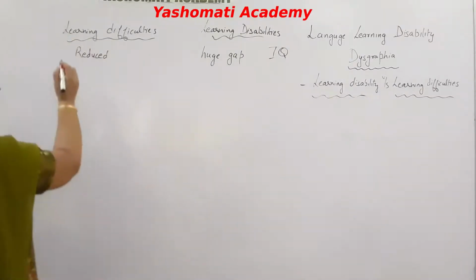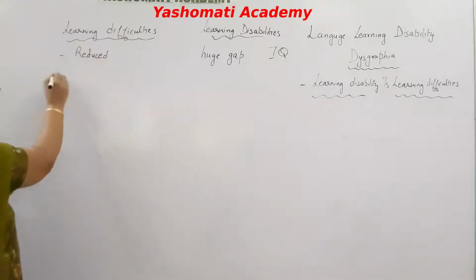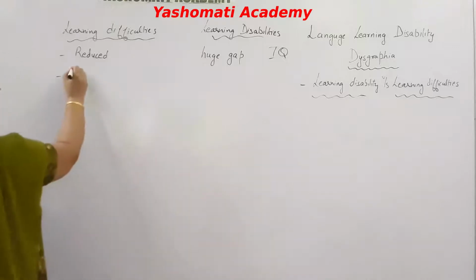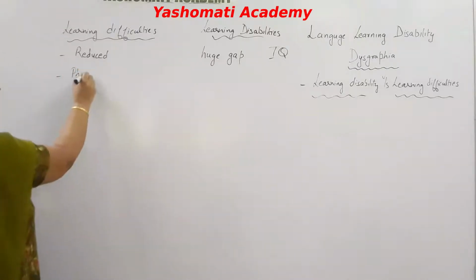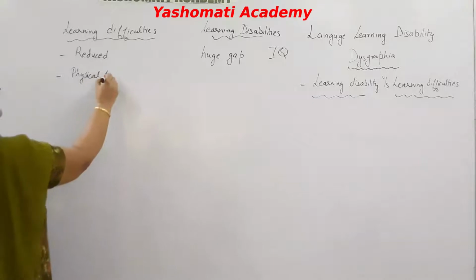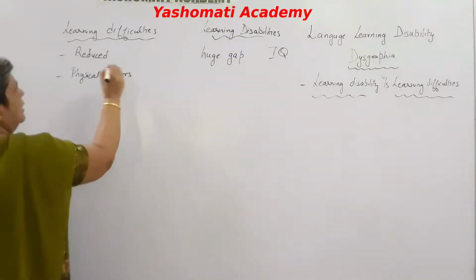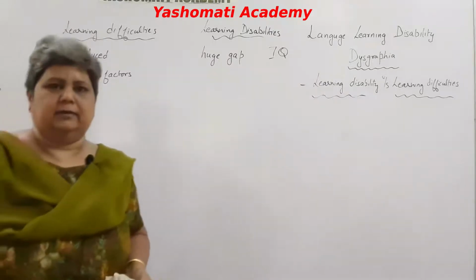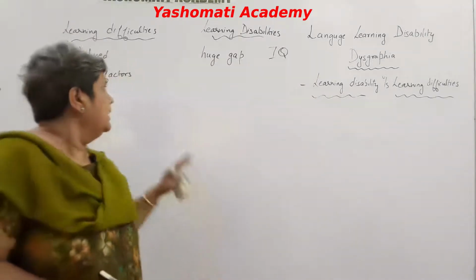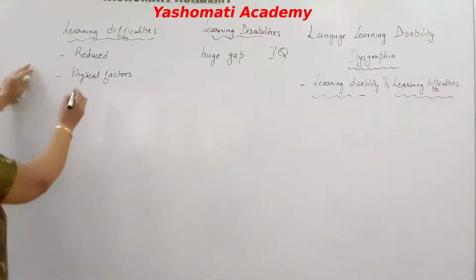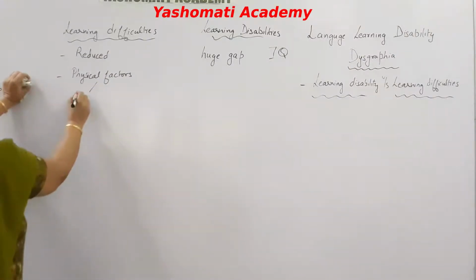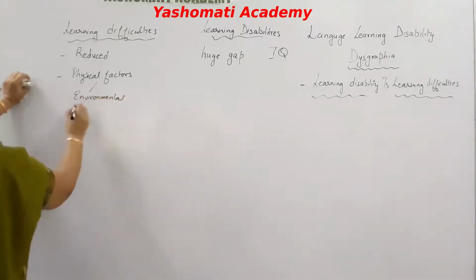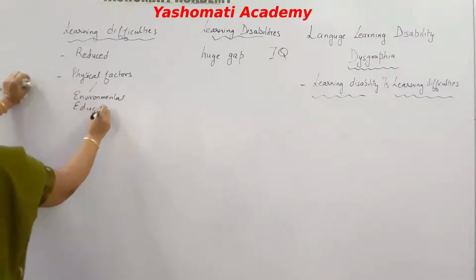Then another difference is that in learning difficulties we see that the reasons for these difficulties may be related to physical factors. Physical factors means those factors which lie outside the learner. So these physical factors may be environmental or educational.